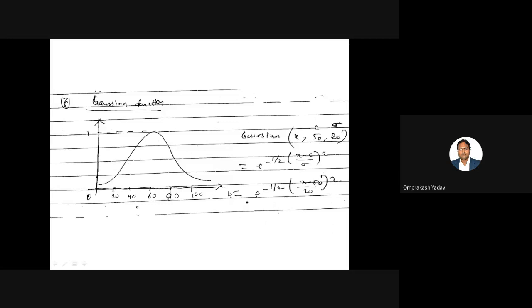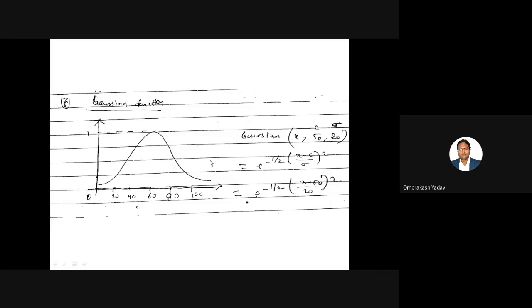Here you can write x. Okay, the x variable was missing, you can write x. Can you just repeat what was c and sigma? C is the central point. If you try to project, it's coming over here as 60, but it will be 50 actually.